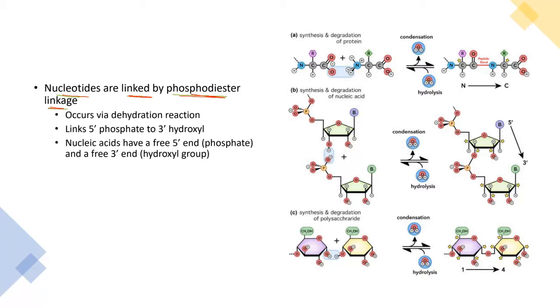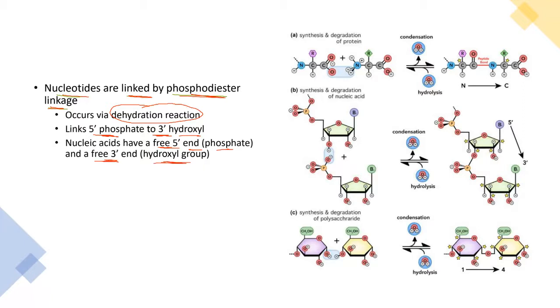If you guessed dehydration reaction, you're absolutely right. Remember, when we're building up big molecules, we have to go through dehydration reactions. It's going to link the 5' phosphate to a 3' hydroxyl group. Nucleic acids have a 5' end, the phosphate end, and a 3' end, the hydroxyl group.